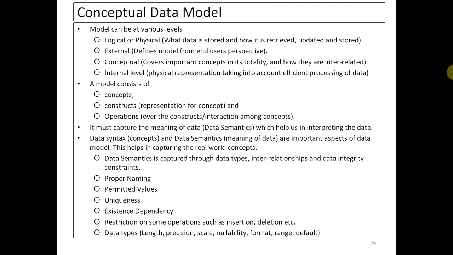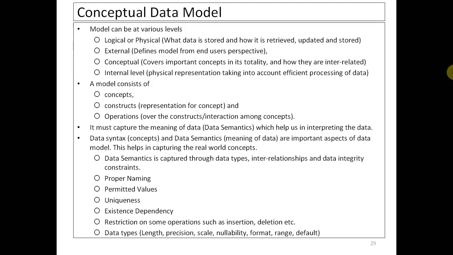So data semantics is captured through data types, interrelationship with other entities or attributes, and the data integrity constraints, the relationship integrity rules which are tied to that particular attribute or entity, the permitted values, uniqueness, existence dependency, restrictions on certain operations like insert, update, and deletions, and the data type length, precision, scale, nullability, format, cardinality, modality, range, default.